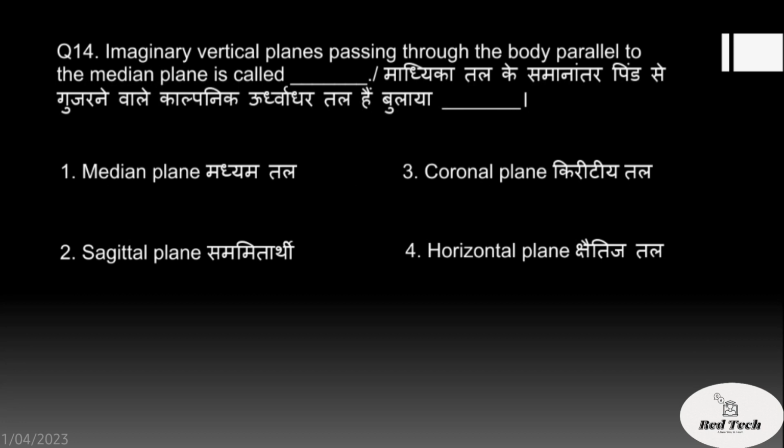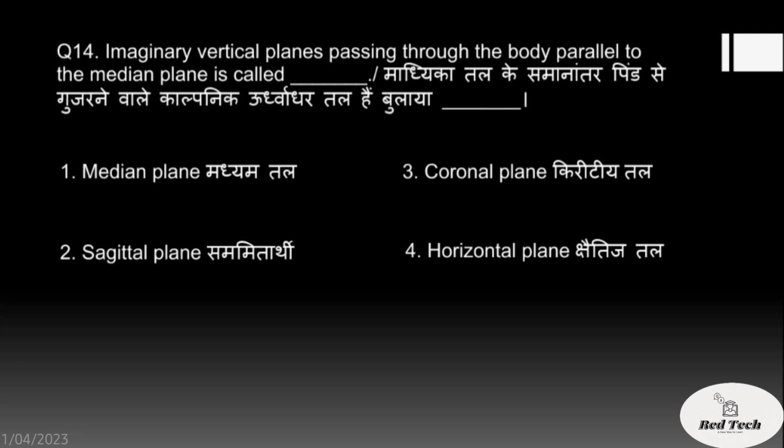Question number 14: imaginary vertical planes passing through the body parallel to the median plane are called? As we know, we have an imaginary line in the middle of the body, that is the medial plane or mid sagittal plane. So if we cut the body into parts parallel to the mid sagittal plane, what should that be?